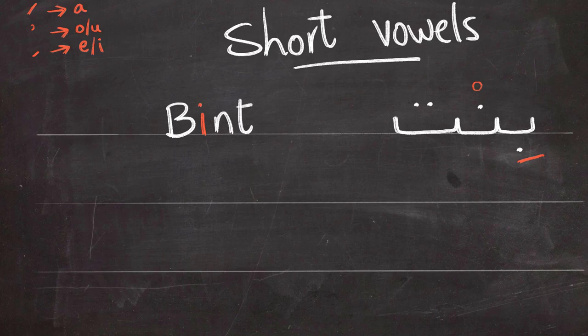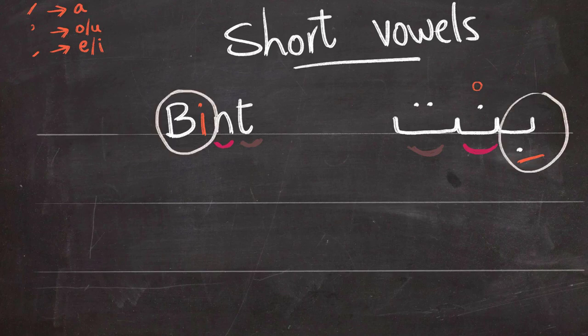So, in the example we have here, bint, which means girl, we only have 1 short vowel, and that is i, and that is the kasra, under the ba. And we notice that the noon has sukun, so there is no vowel after it, and the ta has sukun also with nothing after it either.